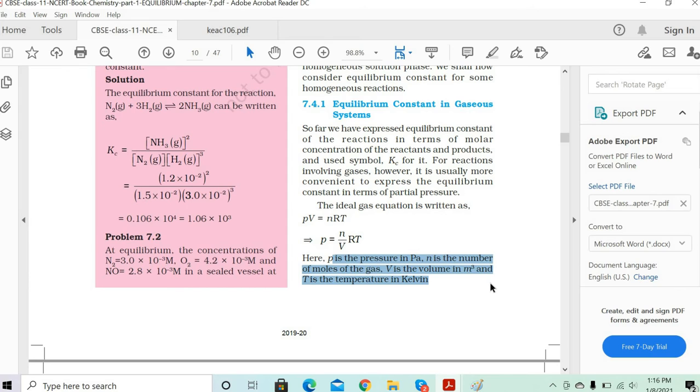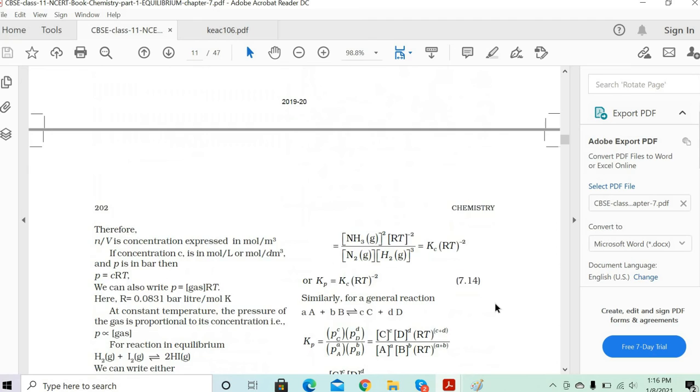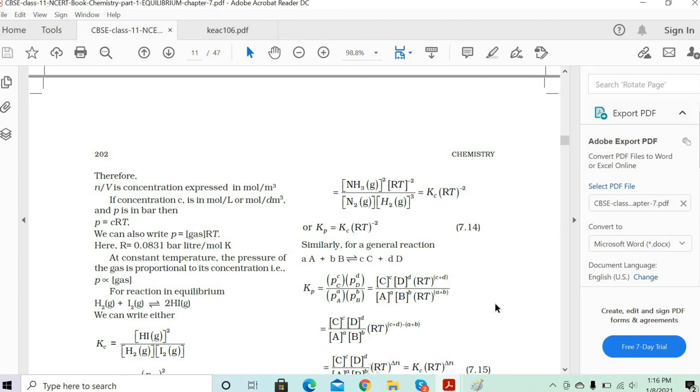P is the pressure. Basically you will put the pressure in pascals. n is the number of moles of the gas, that I'll explain to you. V is the volume of the gas in meter cube. These are all SI units. R is the constant of proportionality, and T is the temperature in Kelvin. Clear?